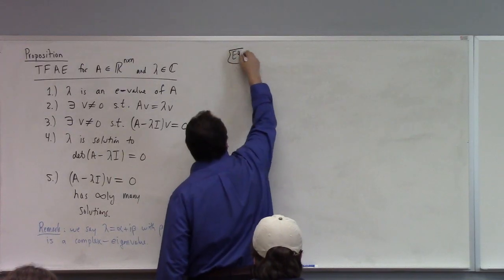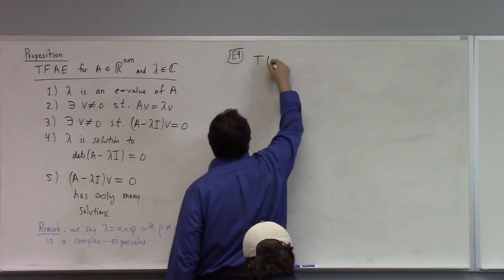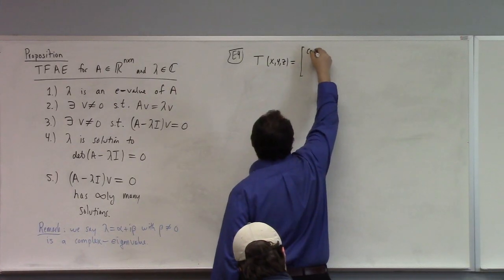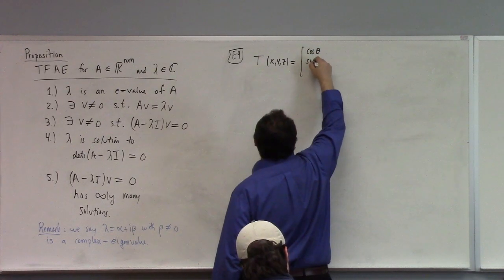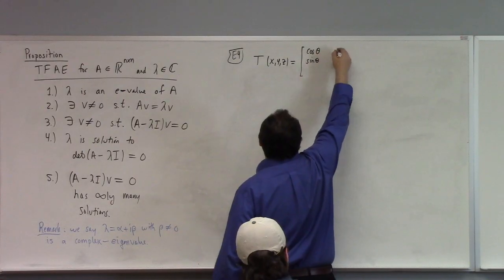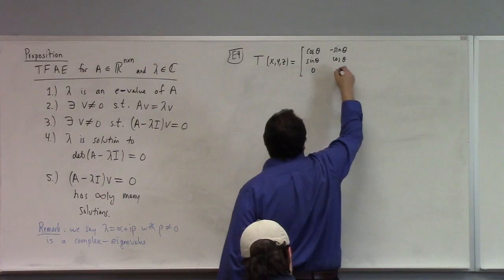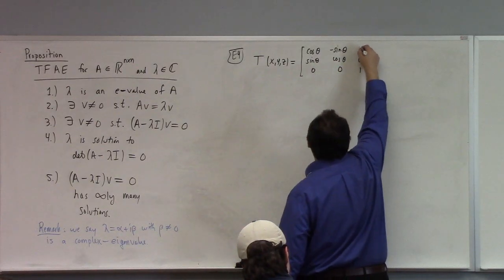So we could do this: T of x, y, z equals the matrix with cosine theta, minus sine theta, 0 in the first row, sine theta, cosine theta, 0 in the second row, and 0, 0, 1 in the third.